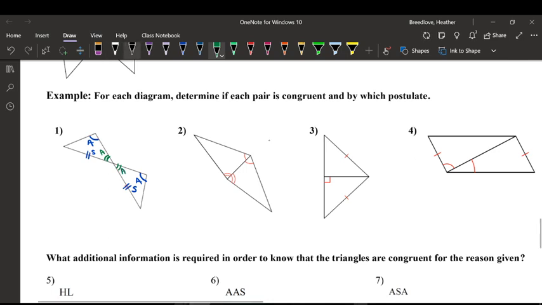So I know that, yes, these are congruent. By, I have two A's and an S. The S, the side, is only touching one of the A's. So here, if I look at this side, it's only touching the green A, it's not touching the blue A. So this is AAS. Angle, side.